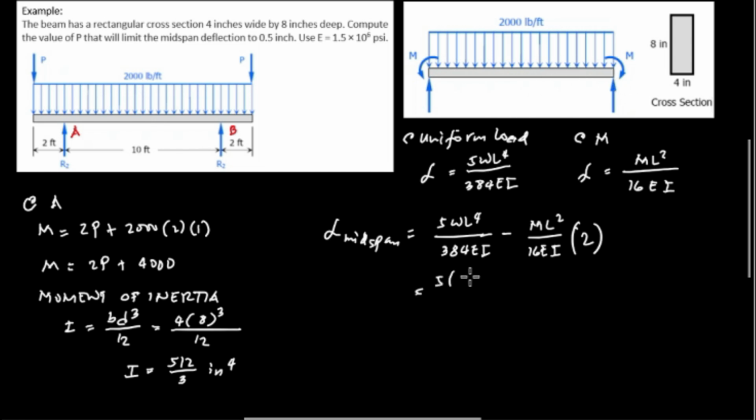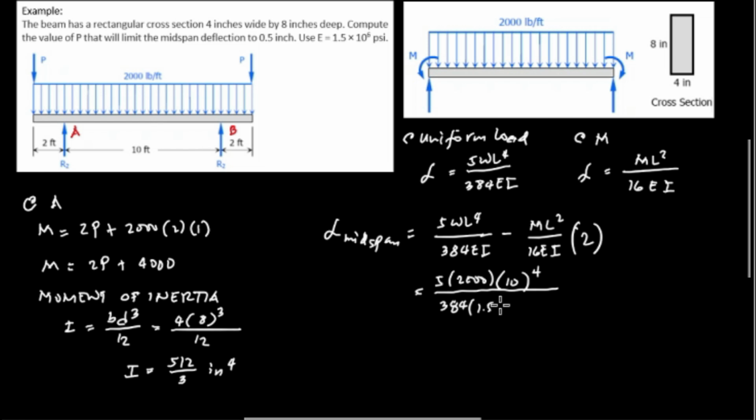5 times the uniform load, that's 2000. L, the distance L, is 10 feet, and exponent 4. And we divide by 384. E is 1.5 times 10 to the power 6.